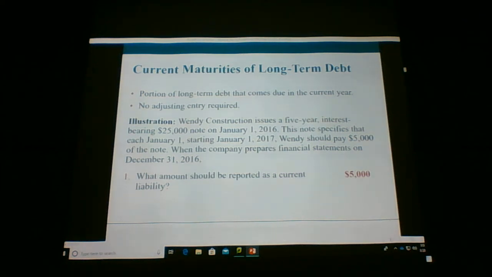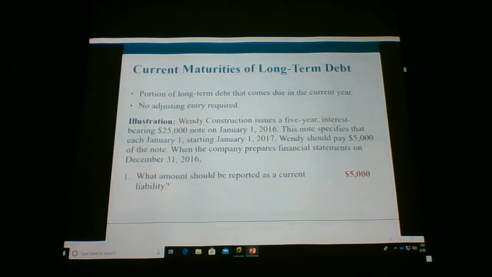Okay, we don't have any indication that their operating cycle is something more than 1 year. So $5,000 is going to be a current liability at the beginning of this note. $20,000 would be a long-term liability at the beginning of this note.